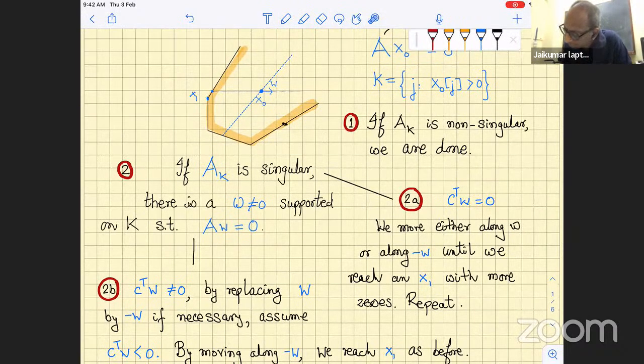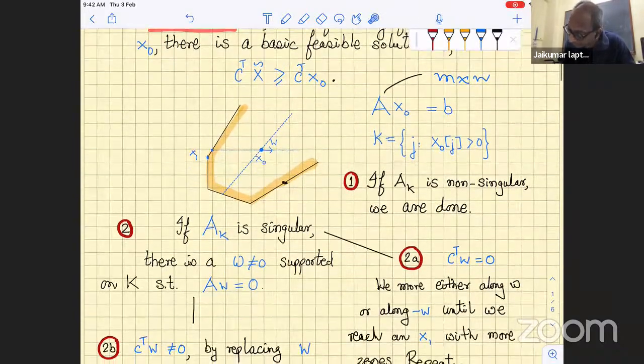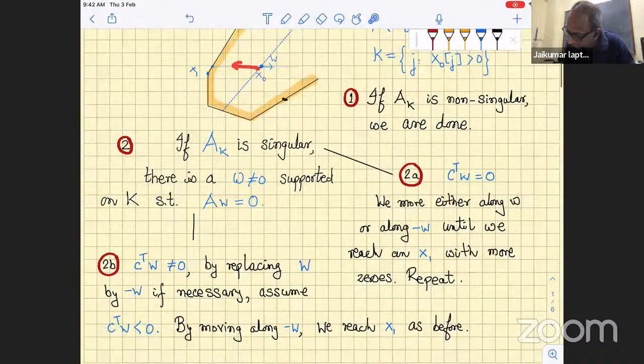Now, as we move in this direction, the objective function value is increasing, but we know that our LP is bounded. We need to use that assumption. So when we move in the direction minus W, we must reach a point at which the point becomes infeasible. So what must have happened? The equations are always satisfied on this line; the equation part cannot go wrong.